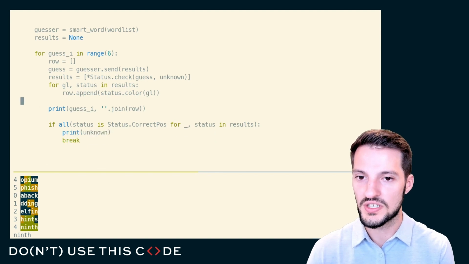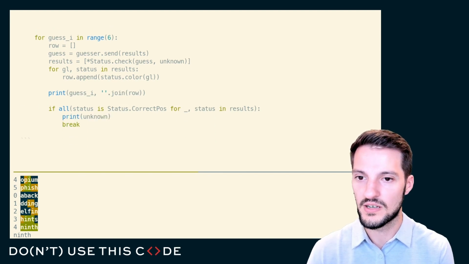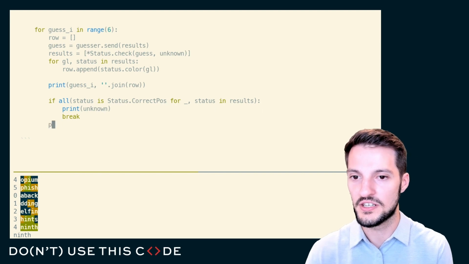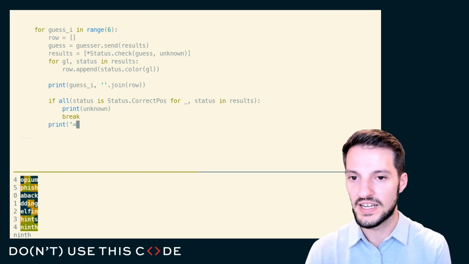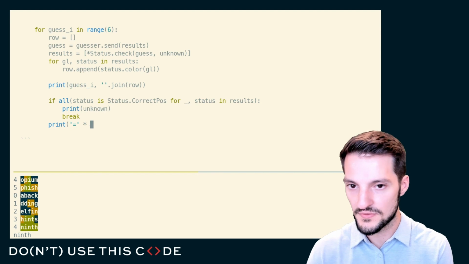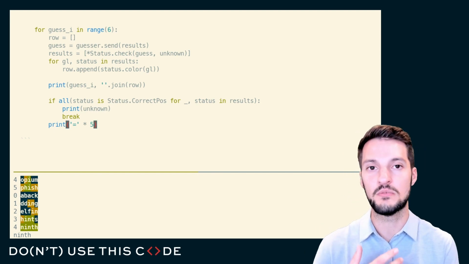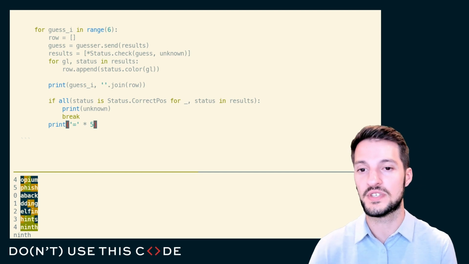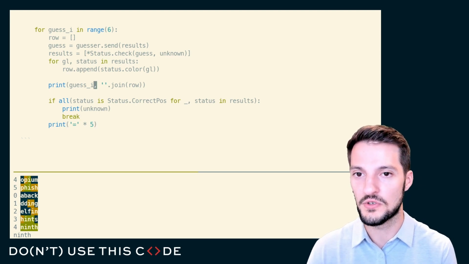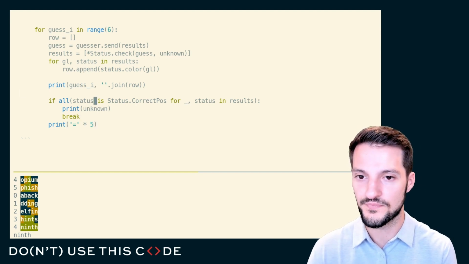Now we can add in just a little bit more printing here. Each game will be separated just visually by an equal sign times 5. I know that's the length of the word. And we could abstract this away. We could play Wordle with 6-letter words. We could play Wordle with 10-letter words. It's just changing a few lines of code here.